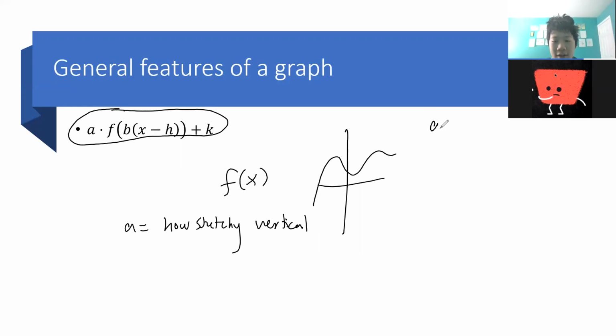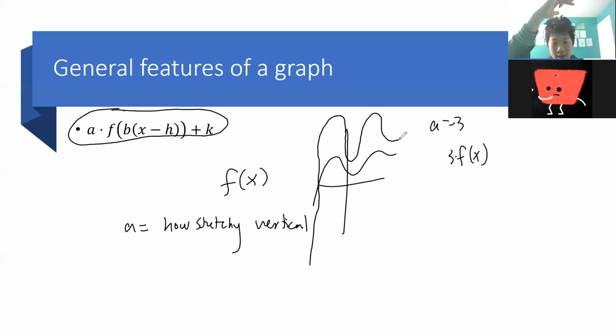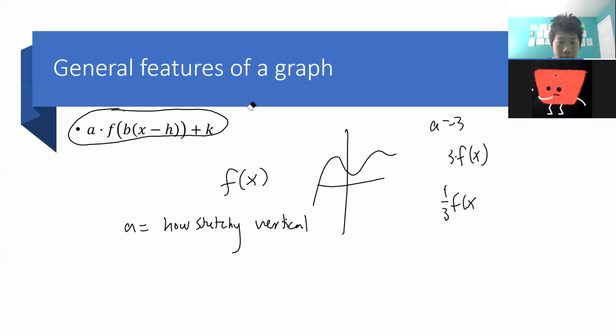If I had 3 times f of x, so a is what's multiplying the whole function, then everything becomes a lot more elongated. And if it's a fraction, like 1/3 f of x, it gets squeezed out. Okay, so that's what a does.